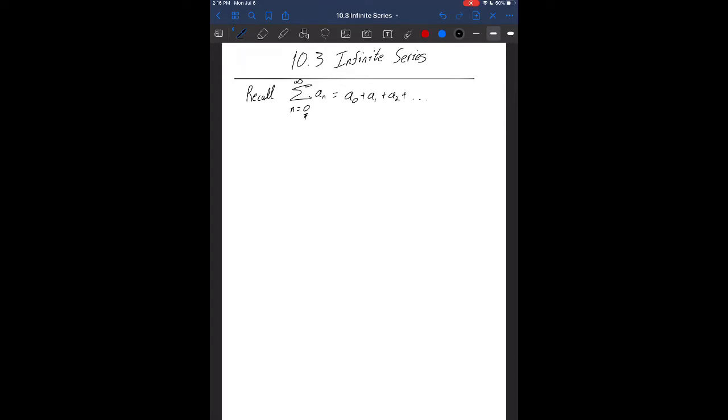And we would like to know whether this is going to go to some specific value or whether it's going to diverge. And the way that we are going to do this in this course is we are going to talk about the partial sums.